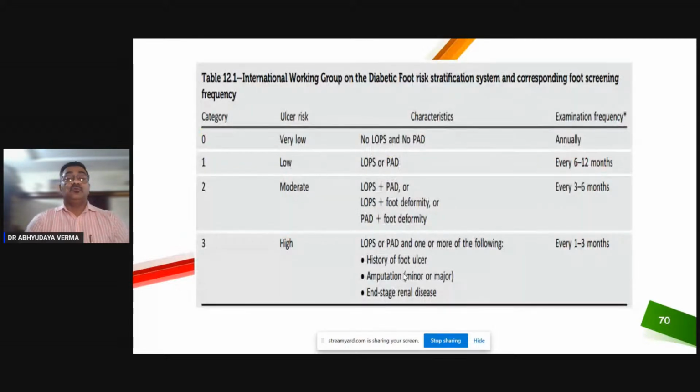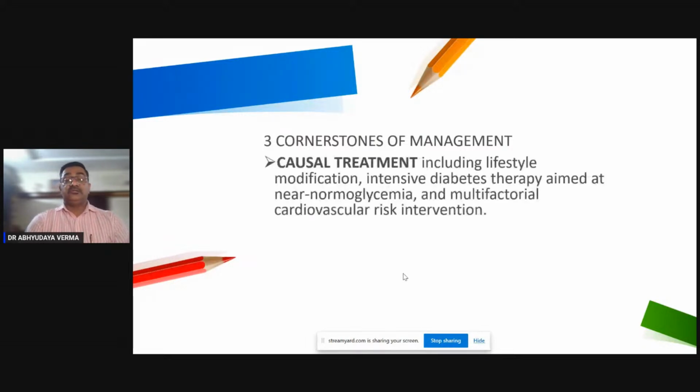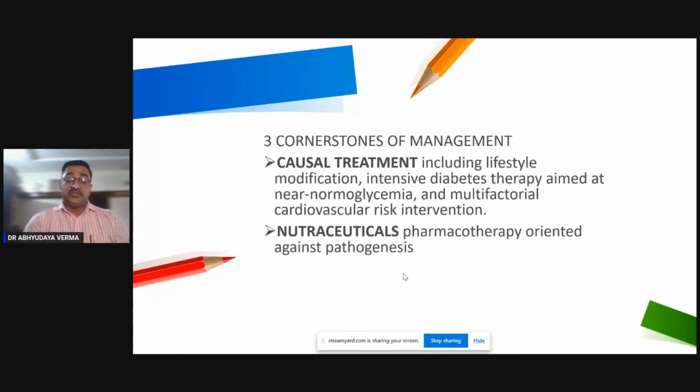We have the International Working Group on the Diabetic Foot stratification also, but ultimately the cornerstones of management are lifestyle, normoglycemia, reducing blood pressure, dyslipidemia, and yes, sometimes now we have nutraceuticals also, which in a few data have shown that they may help.